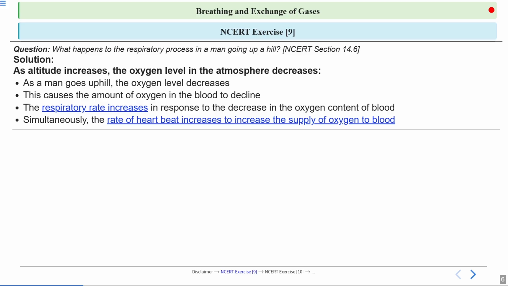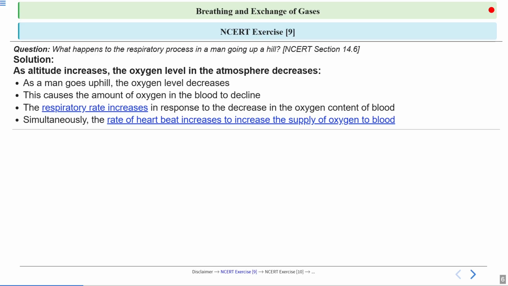When you go to Ladakh, you experience these things, because at that high altitude the oxygen present in the air is very little. So your body gets acclimatized by continuously increasing the breathing rate and continuously increasing the heartbeat rate.